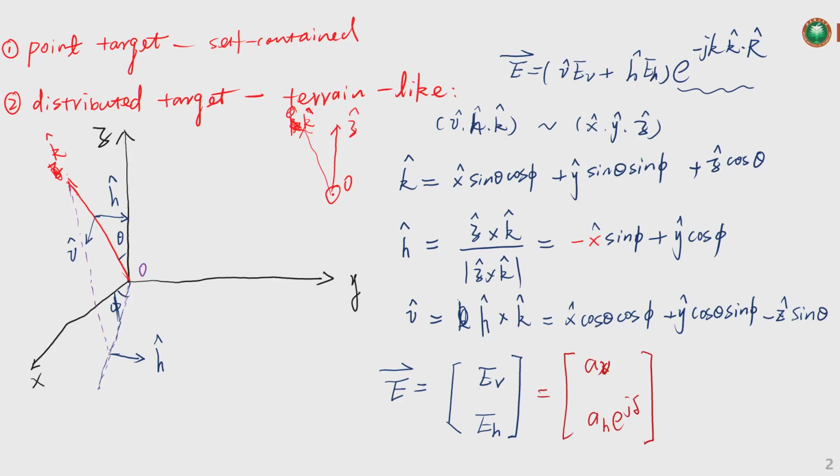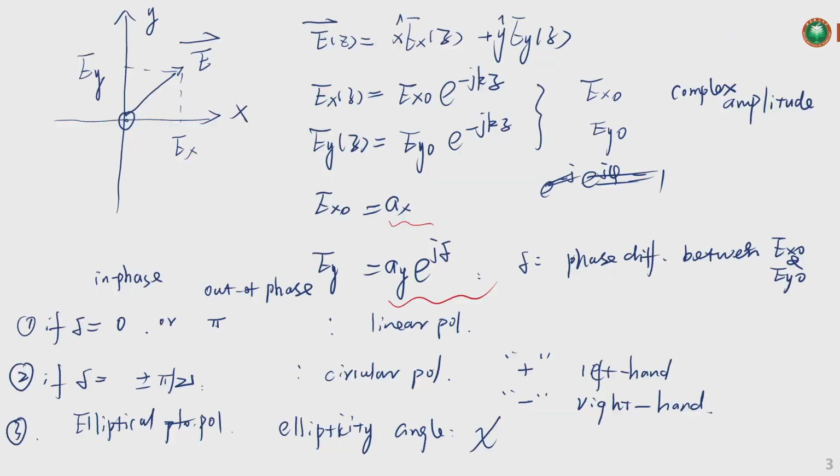Now if we want to see the polarization or the ellipse, what we should do is define a plane perpendicular to the direction of K. This dot here is the direction of K, outside of the plane, perpendicular, normal to the plane.